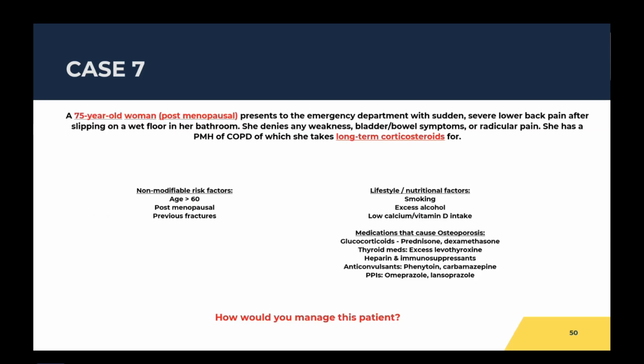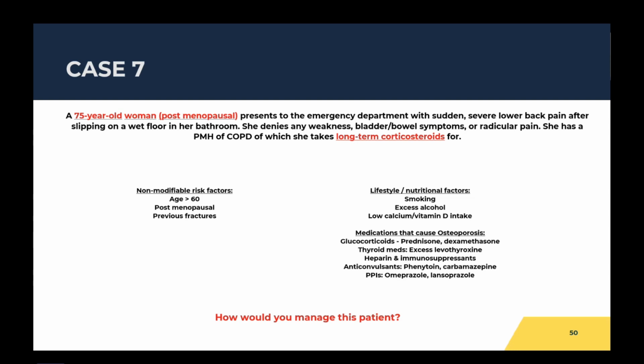So for this patient specifically, she's 75, and she's postmenopausal. And these are key risk factors for osteoporosis, which puts her at a greater risk of a fracture. She also has COPD, so that indicates she's a smoker, which Tria said.